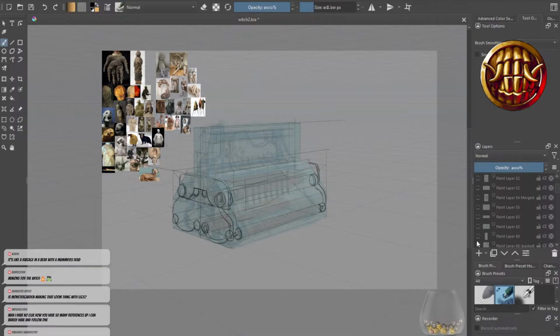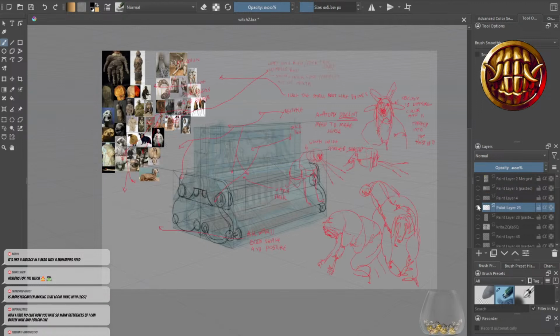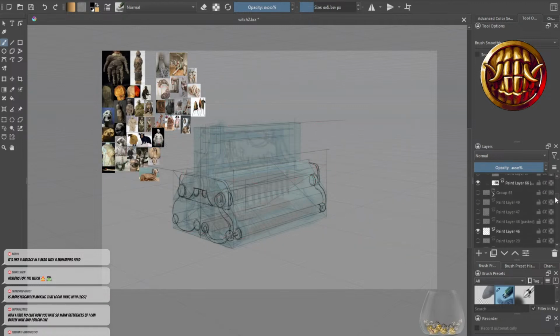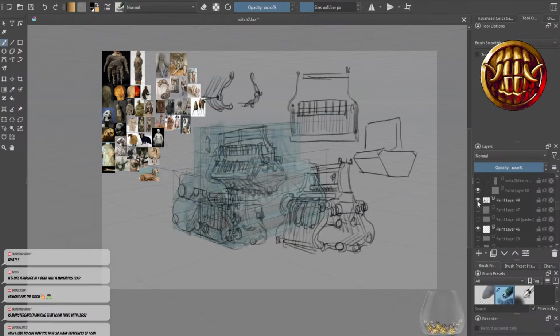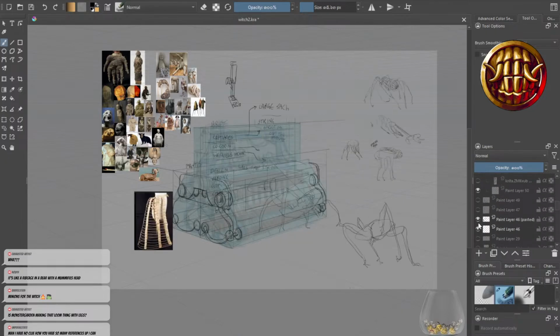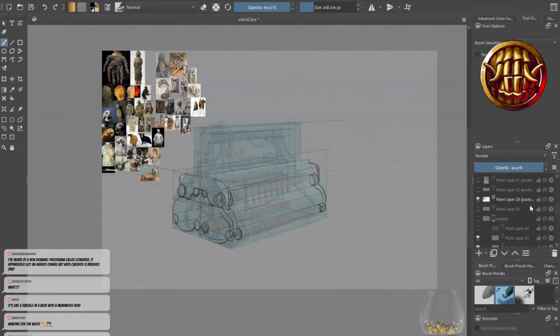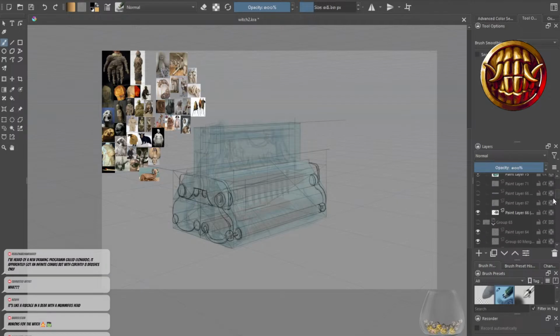This document is such a mess. Here, here, no. This, no. This, no. This, no. This. This. This. This. Where the f is my reference?